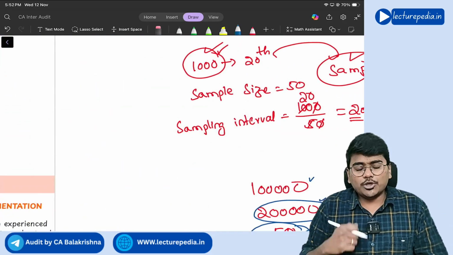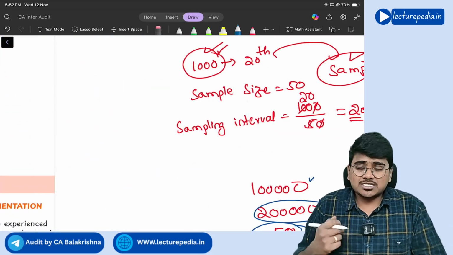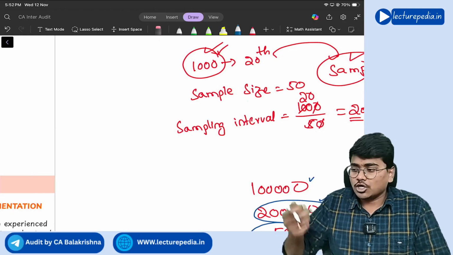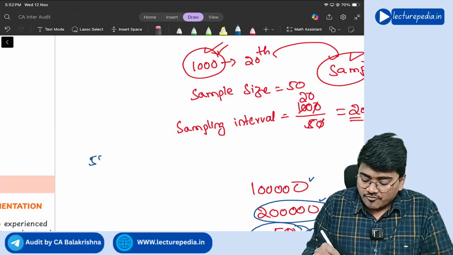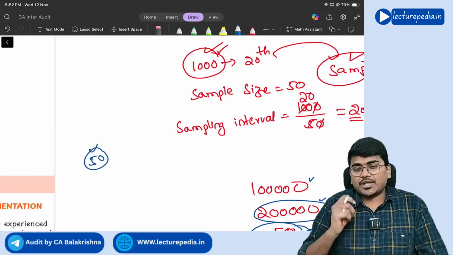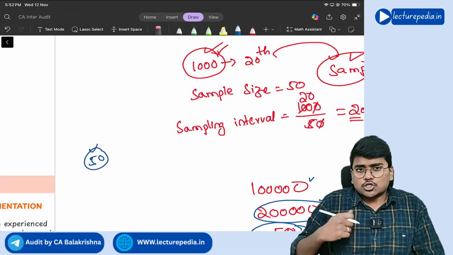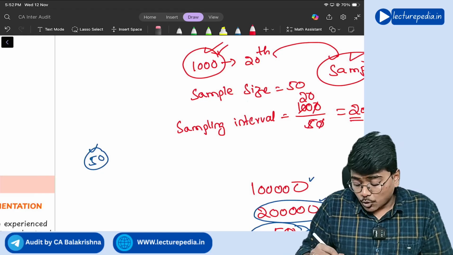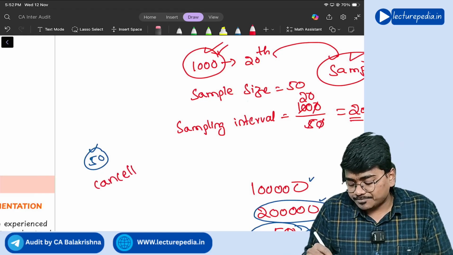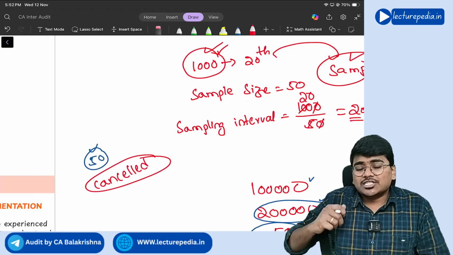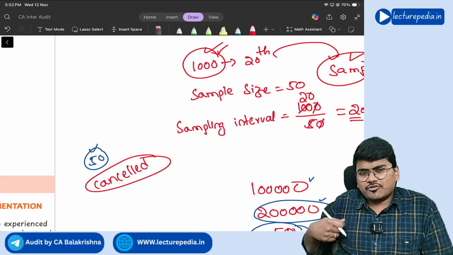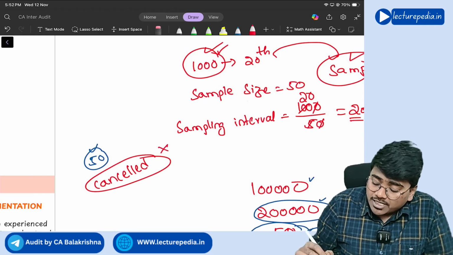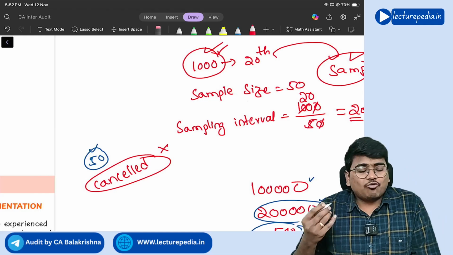Let's say, for example, you are performing audit procedures on checks issued. You have selected some 50 sample checks and are performing audit procedures. In that 50, there is one particular check which is a cancelled check. Now, the audit procedures that you are performing are not applicable to this cancelled check. Then what will you do?